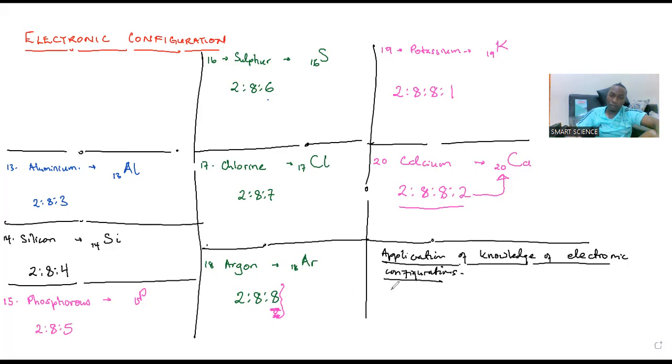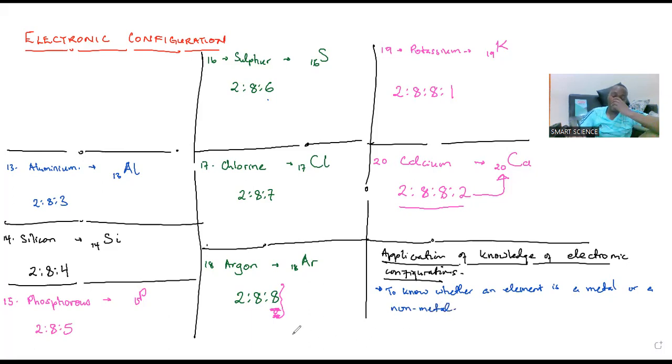Number one, electron configurations are going to allow us to know whether an element is a metal or a non-metal.